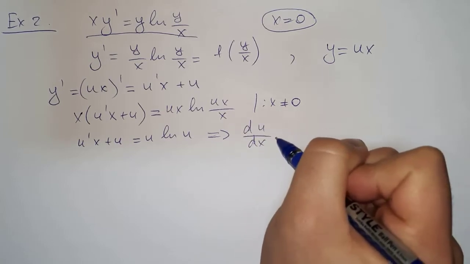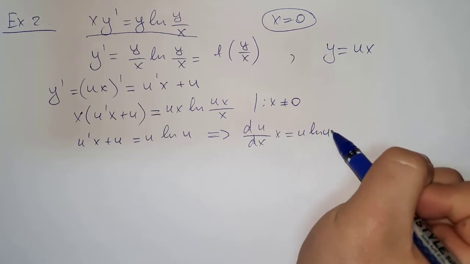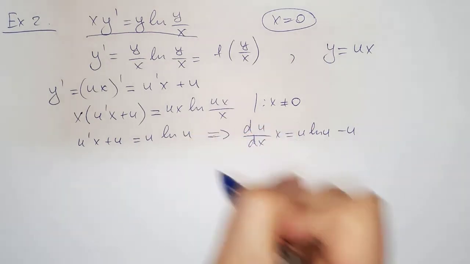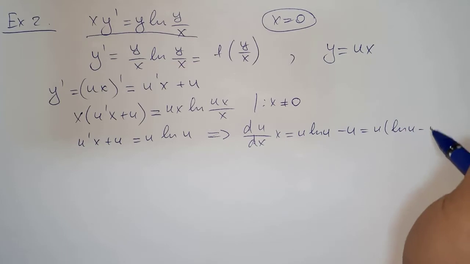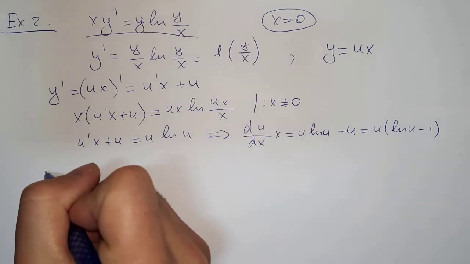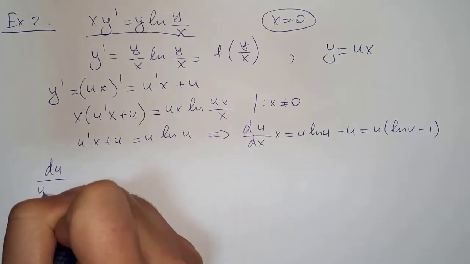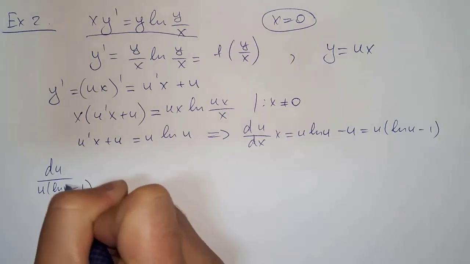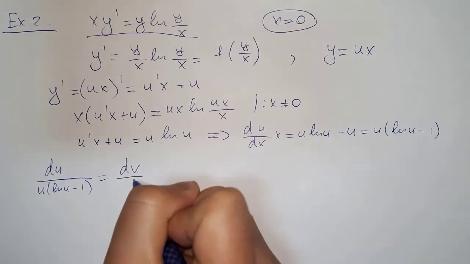This is u' times x, it is u ln(u) minus u, so now it is u(ln(u) minus 1). I said we obtain the separable equation: du over u(ln(u) minus 1) equals dx over x.